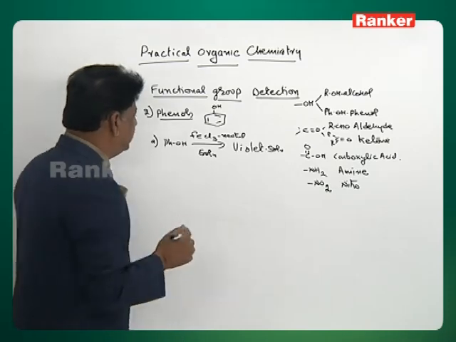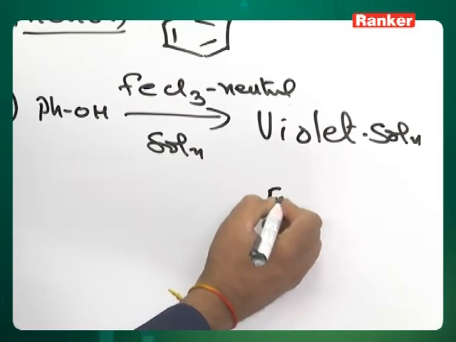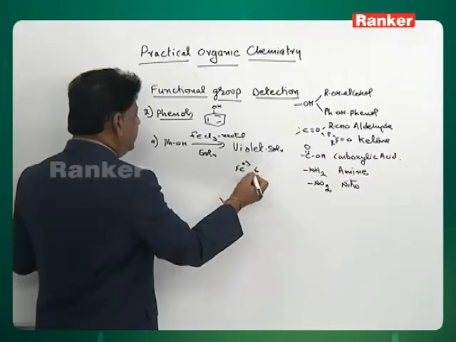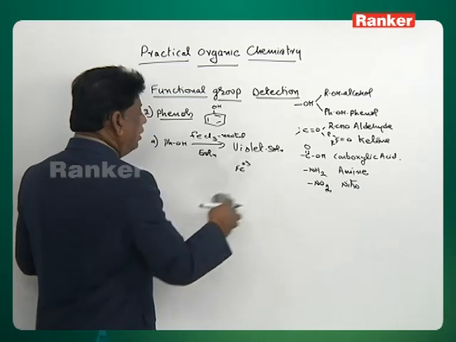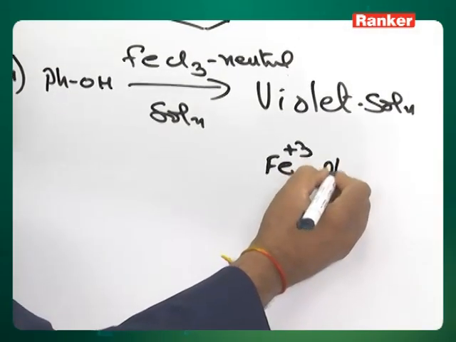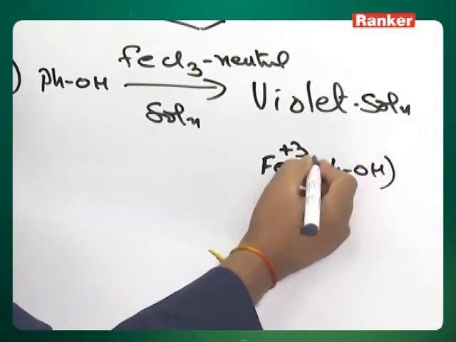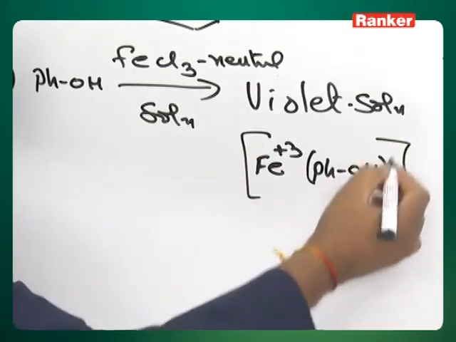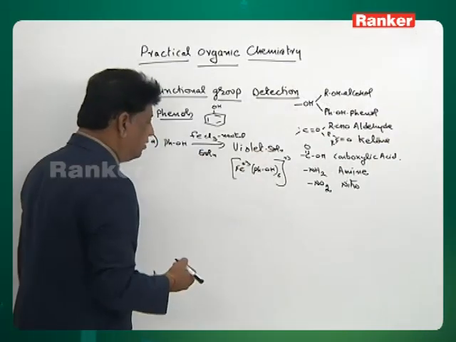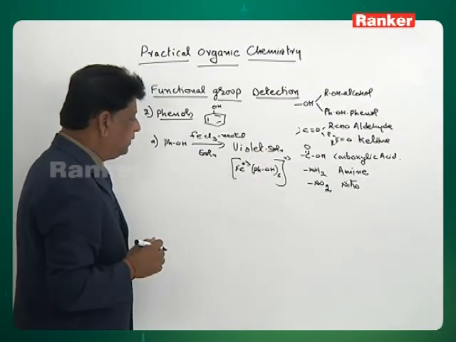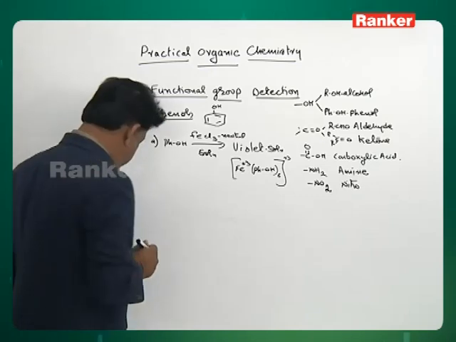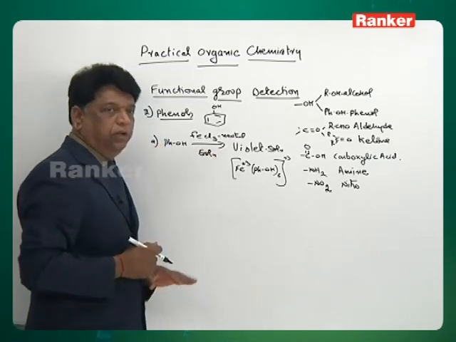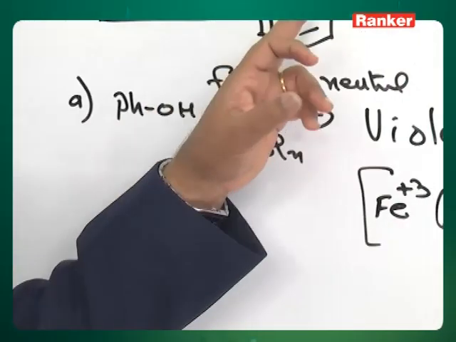What happens in this reaction is that 6 phenol molecules get attached to the ferric ion, Fe+3. It is once again a complexation reaction. A complex ion is formed which has a violet color. Not all substituted phenols give violet.